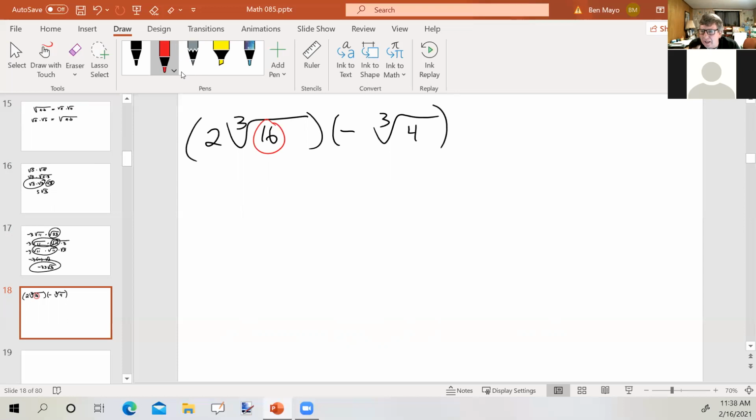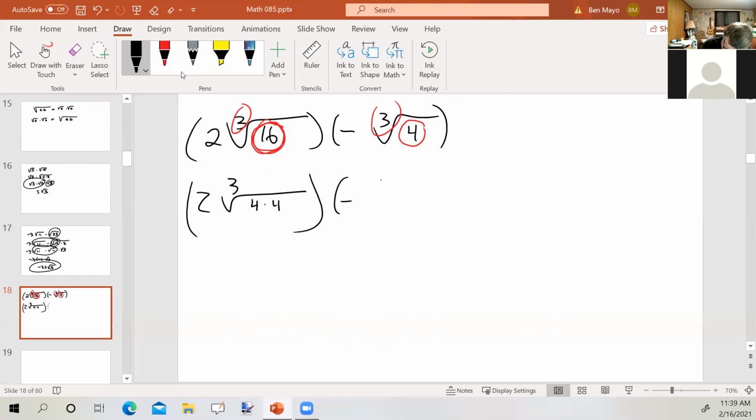I could also break it down to 4 times 4. So now I've got 3 factors of 4 and an index of a 3. So I'm going to write this as 2 cube roots of 4 times 4 minus 3 cube roots of 4.